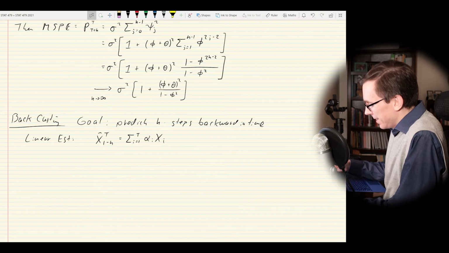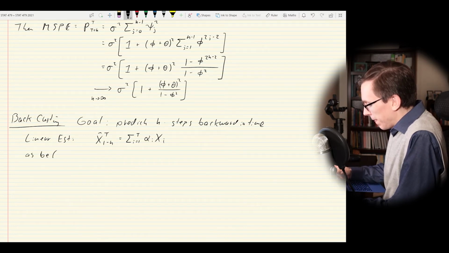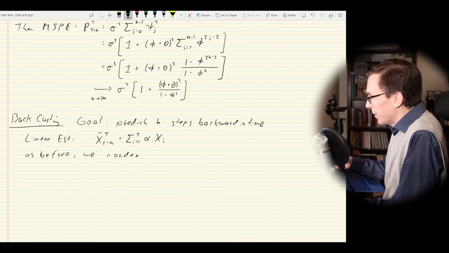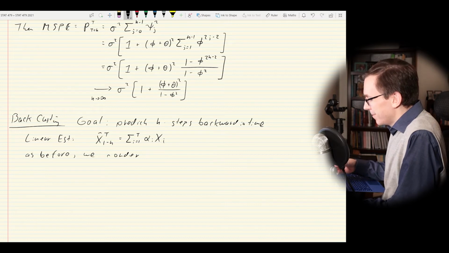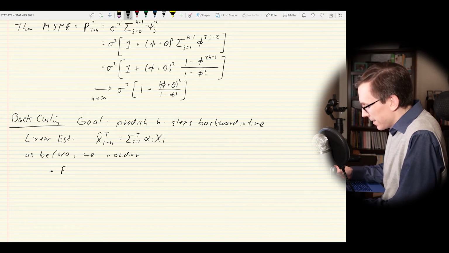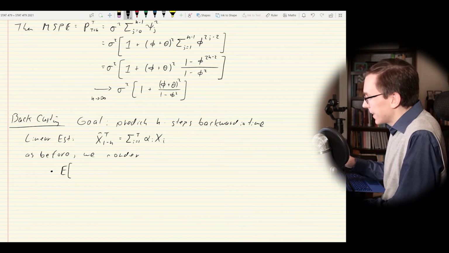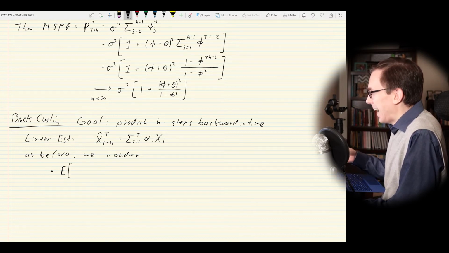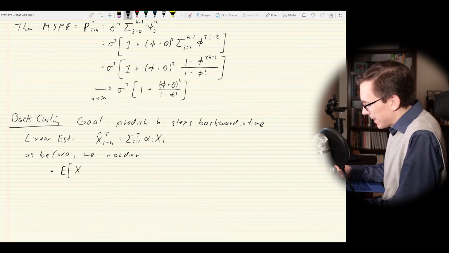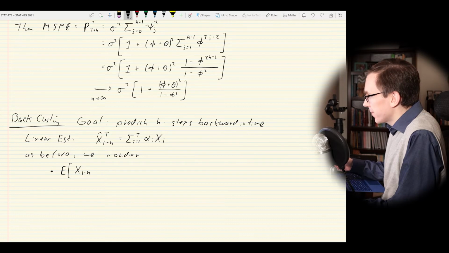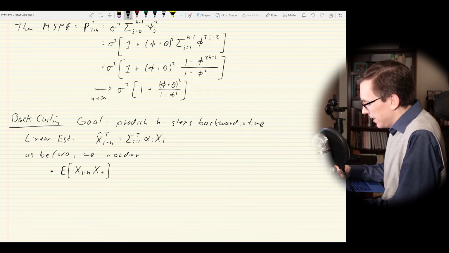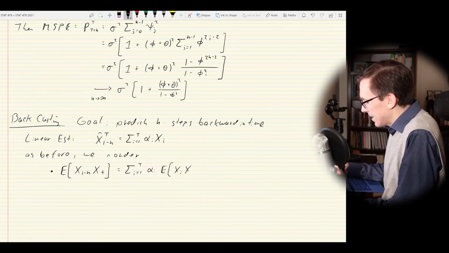So what we can do is, as before, we consider multiplying both sides of this equation by x t and then taking an expected value. So we look at the above equation without the hat, and we say x1 minus h times x t is equal to the sum from i equals 1 to T of alpha i times the expected value of x i x t.